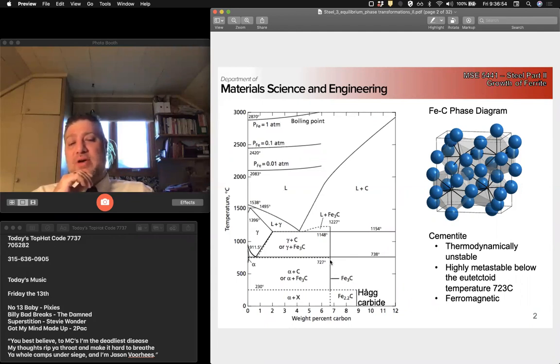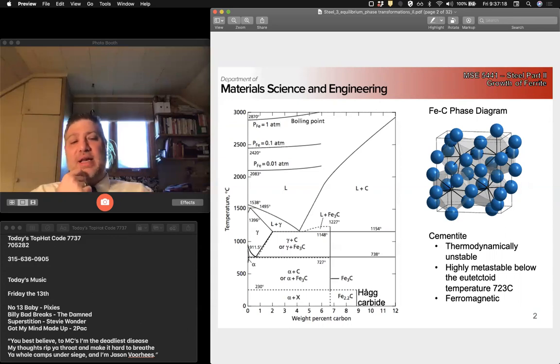So they appear as line compounds for the most part on the phase diagram, right? There isn't a stable cementite width, right? There isn't a cementite region where you have a large composition variance, right? And so that's what really defines an intermetallic, I think, right?